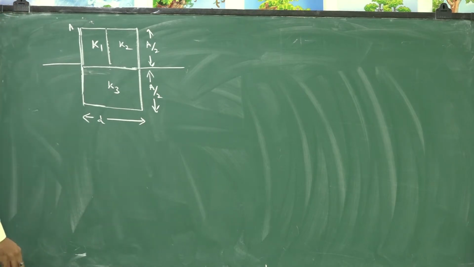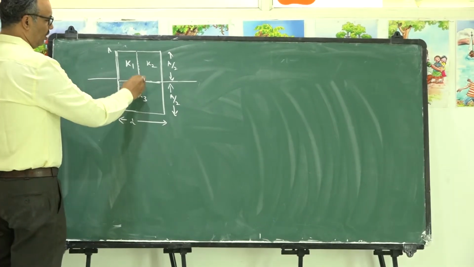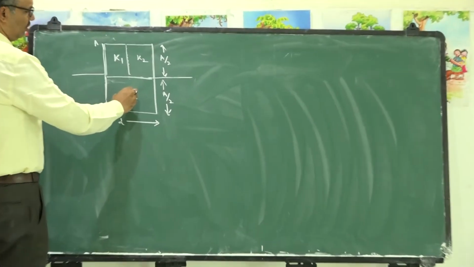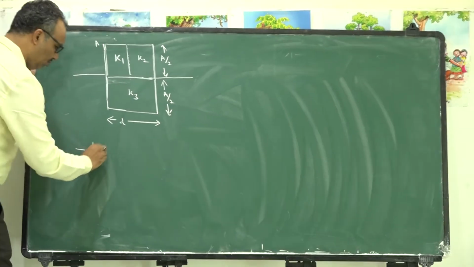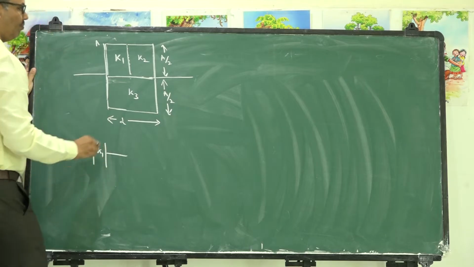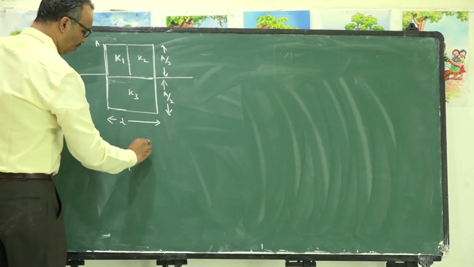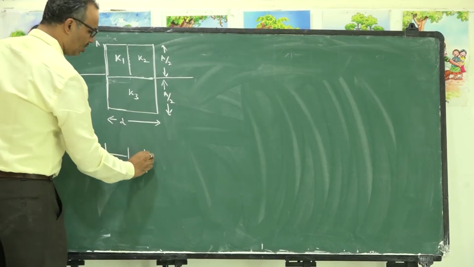In such a case, how do we proceed? Here, we will draw an equivalent circuit. We consider the 3 dielectrics as 3 capacitors. There is a capacitor filled with the dielectric of dielectric constant K1, and another capacitor filled with the dielectric of dielectric constant K2.